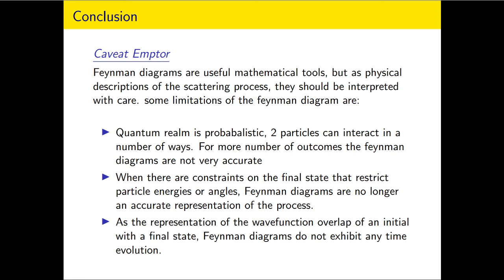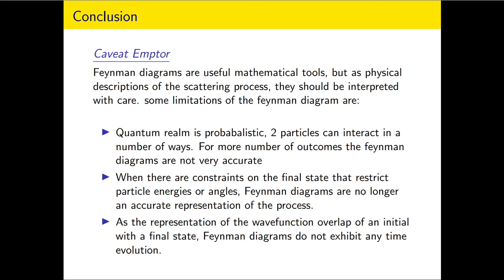All these collisions happen in the quantum realm, which is probabilistic by nature. So two particles can interact in any number of ways. The more number of outcomes, the more Feynman diagrams. The Feynman diagrams are not very accurate for more number of outcomes. In the case of electron-muon scattering, they interact through an exchange of photons. Consider that example because it is the simplest way they can interact.